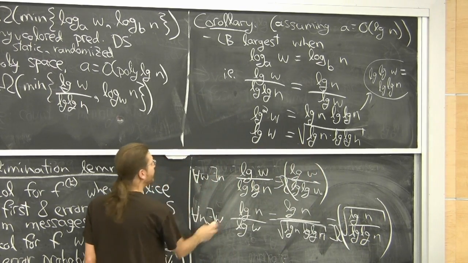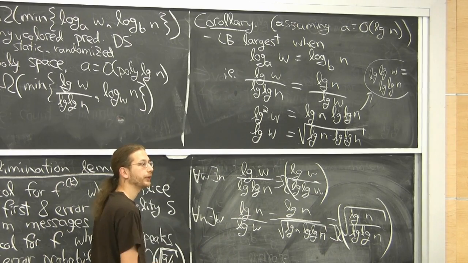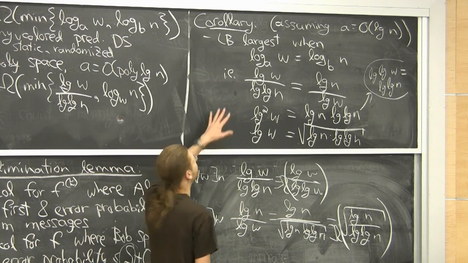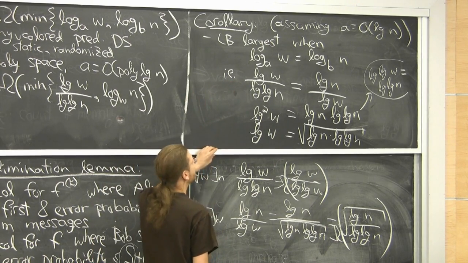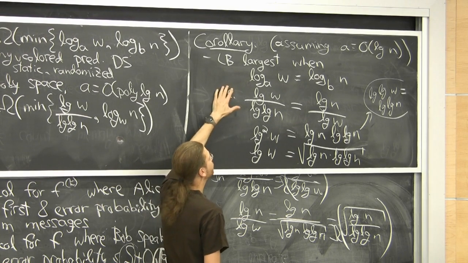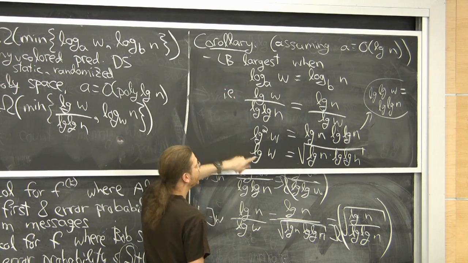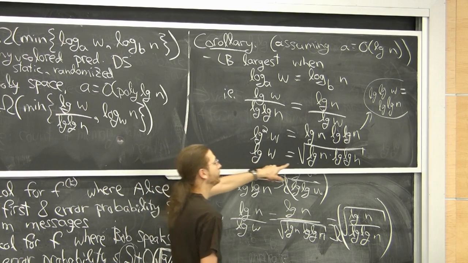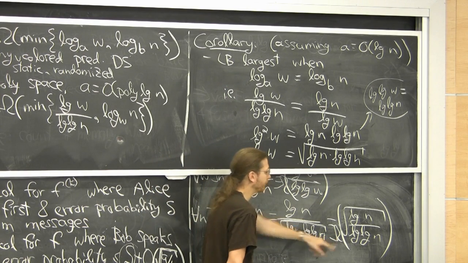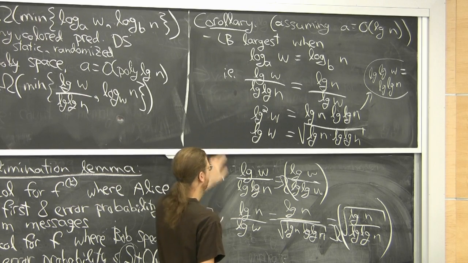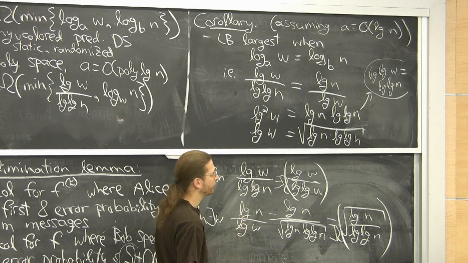When you just need existence, then we get to choose the relationship between n and w however we want. So you don't have to believe me that it's largest when they're equal. It happens to be true, but the point is there is a choice of w and n, namely this choice, log w equals root log n log log n, where you get a lower bound of this. And there's another choice for n versus w where this happens.